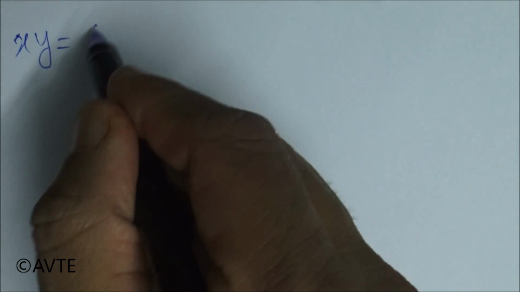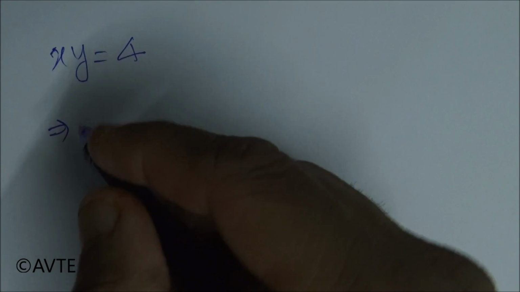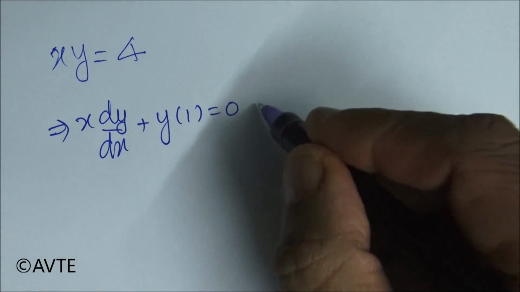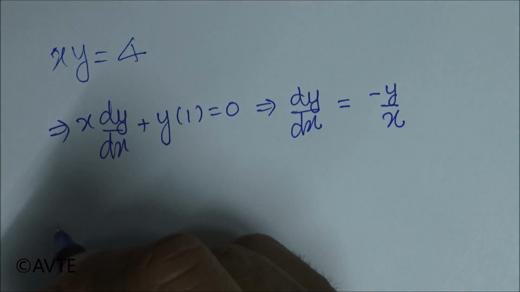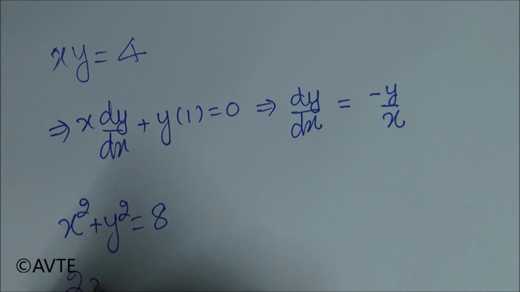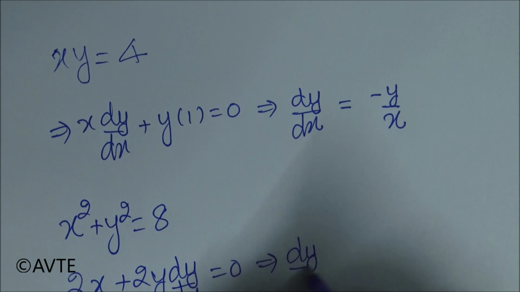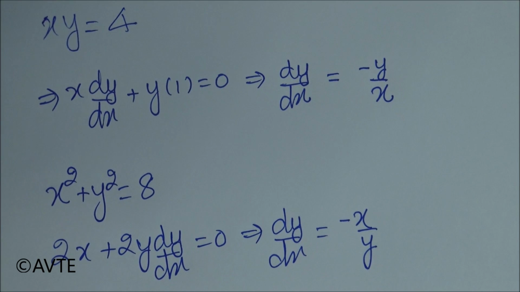So, differentiating y with respect to x, the slope of the first curve is minus y by x, and for the second curve, the slope is minus x by y.